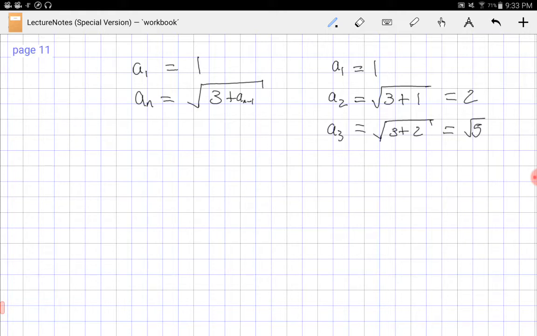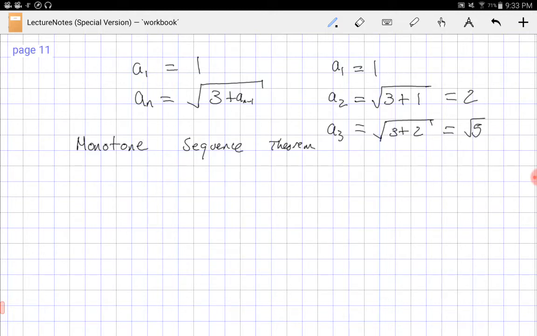So how do we prove that the sequence is converging? Well, some guy invented this theorem, and it's called the monotone sequence theorem.